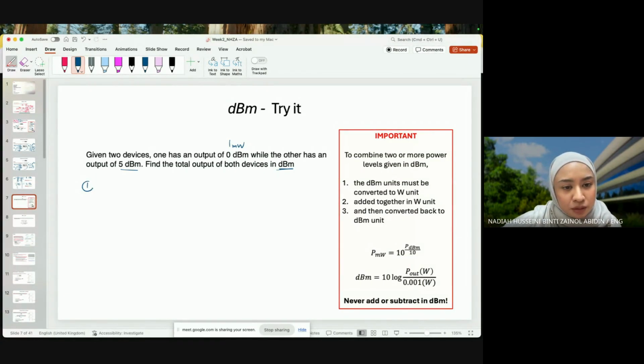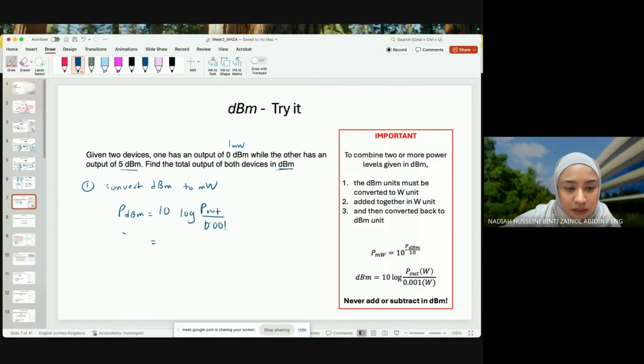So the first thing you need to do is convert dBm to milliwatt. Okay, so let's do that. P dBm equals 10 log of P out over 0.001. Okay, so this is going to be in watt.